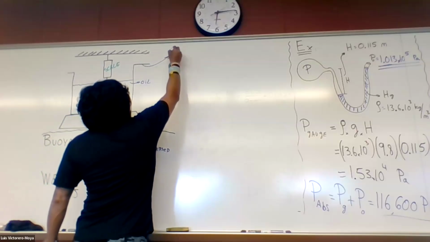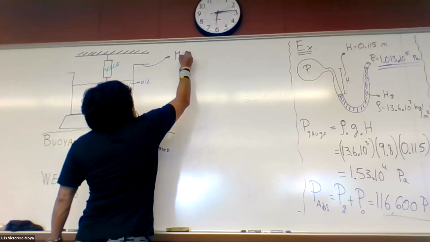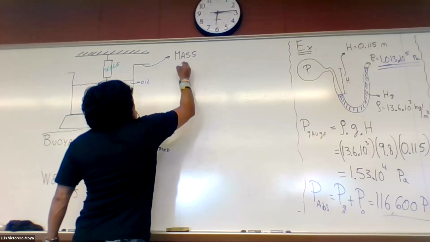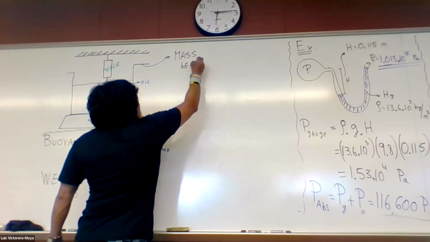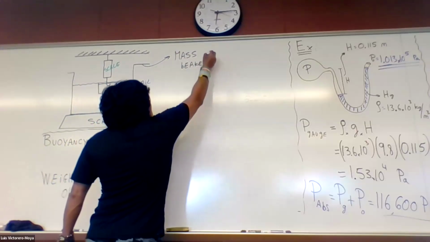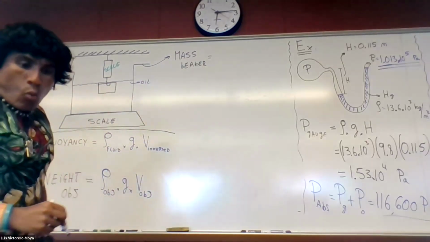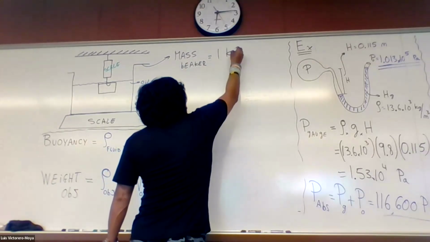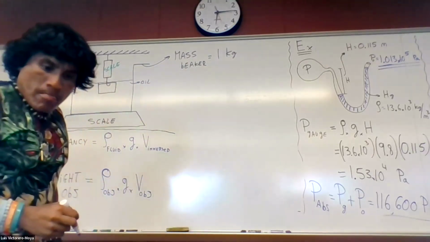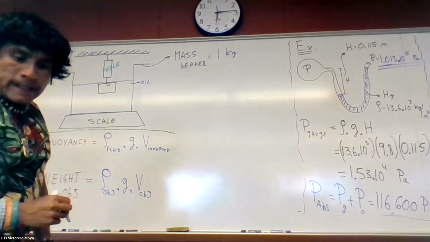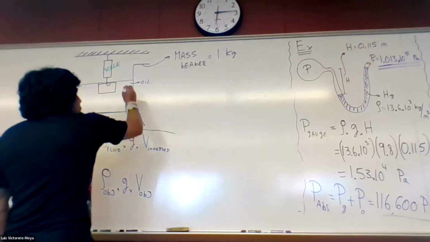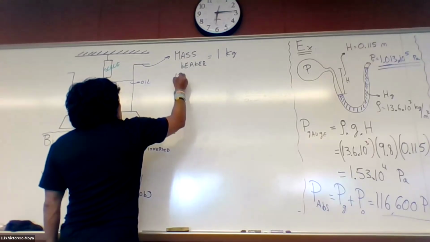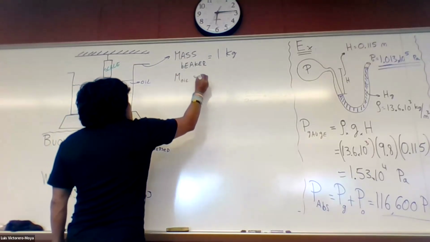The mass of this beaker is 1 kilogram. The amount of oil, so the mass of oil, is 2 kilograms.